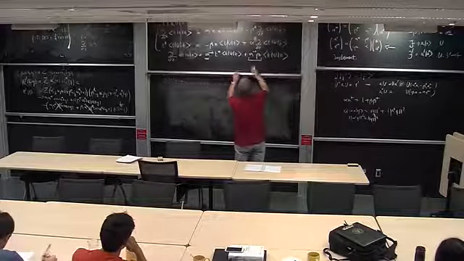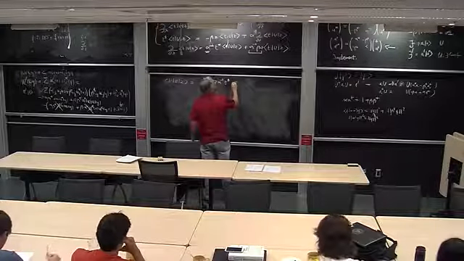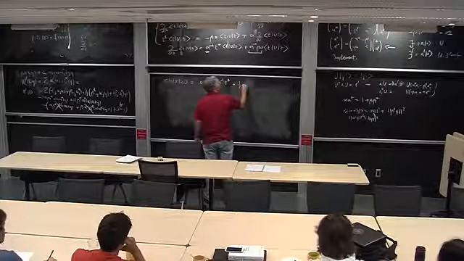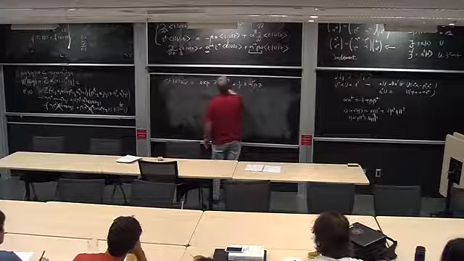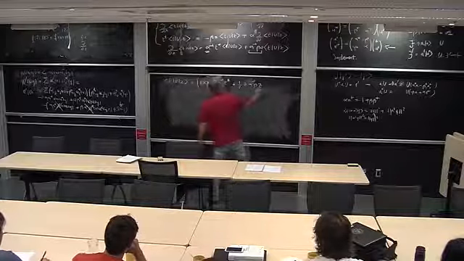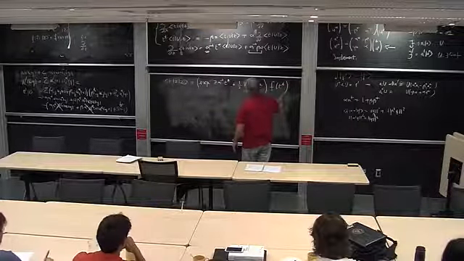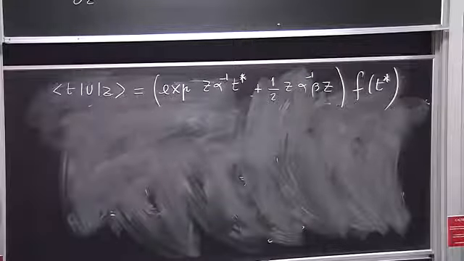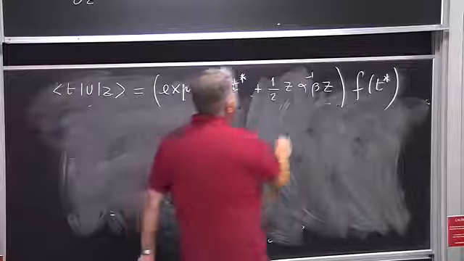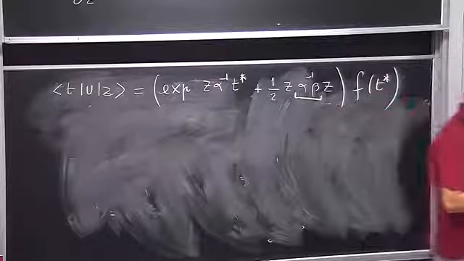I wrote z plus 1/2 z alpha minus 1 beta z. Everything multiplied by a function of T star, which is arbitrary for the moment, okay? This is true if the matrix alpha minus 1 beta is symmetric, otherwise this formula is false.